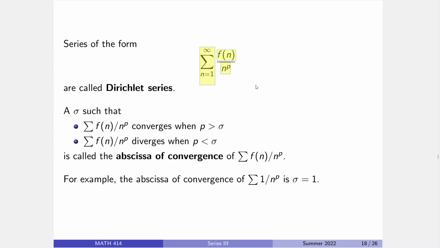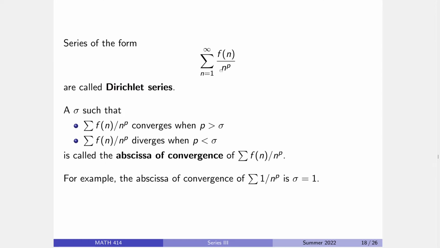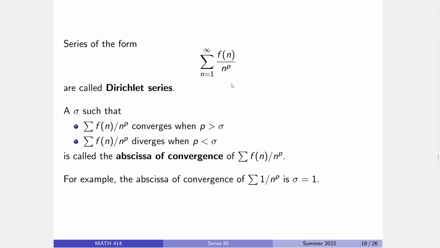Ooh. You probably know where this is going now. It turns out that these sort of series are very important, and also the name should immediately be setting off some alarm bells about another very famous function with another mathematician's name associated with it. But these are studied in a branch of math called analytic number theory, where you combine analysis and number theory, which is a very cool branch of math.